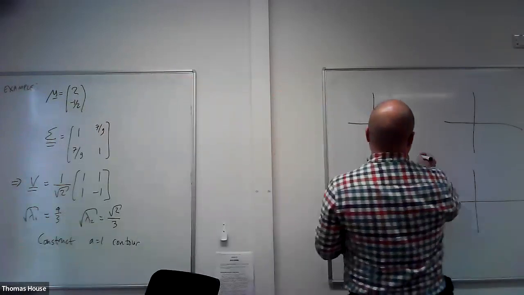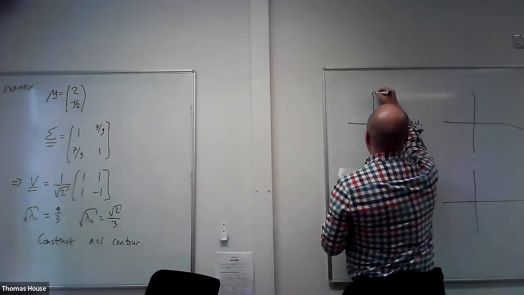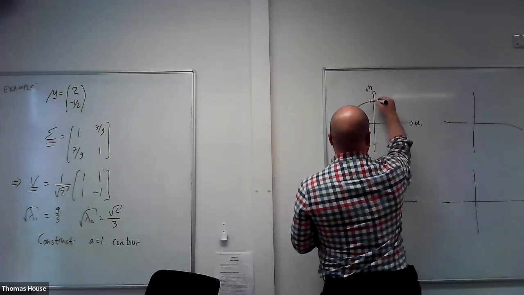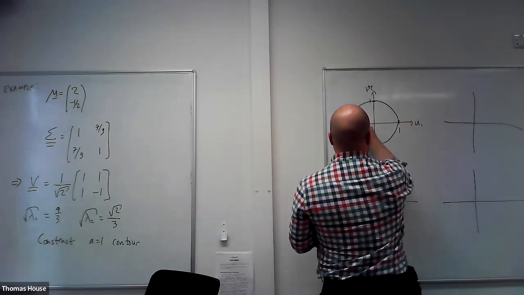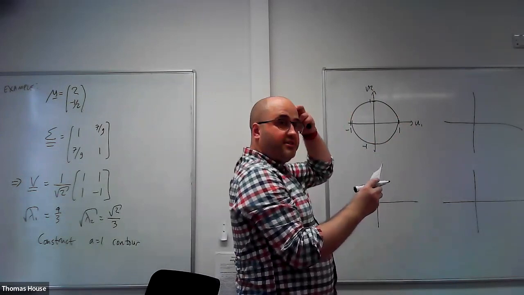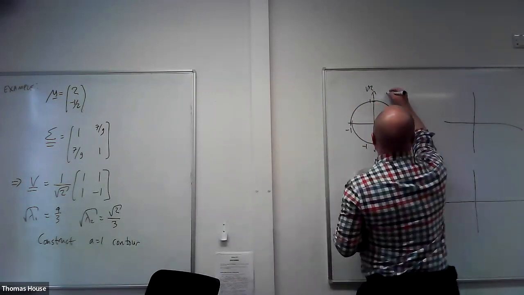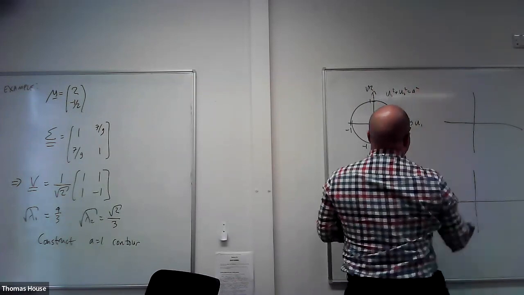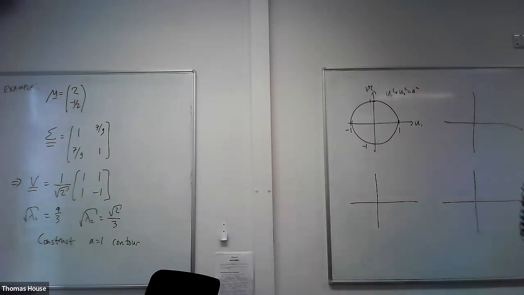In the u's, the contour is going to look like, yeah, that's the circle equation. So this obeys u1 squared plus u2 squared is a squared. That's the u contour.